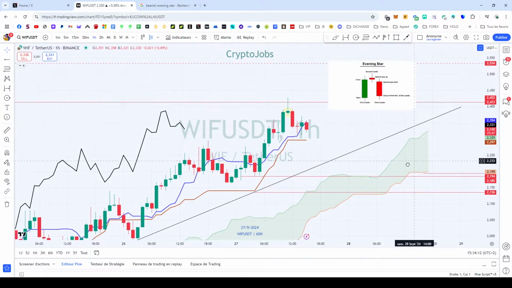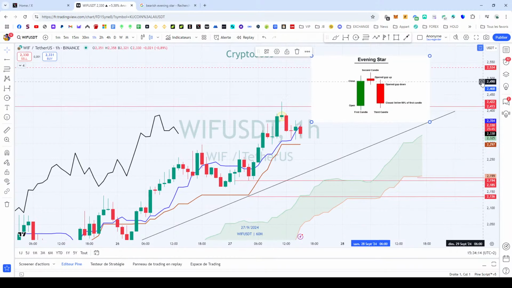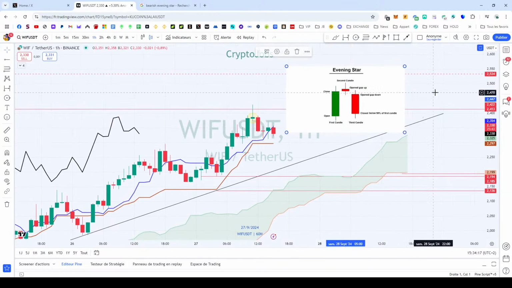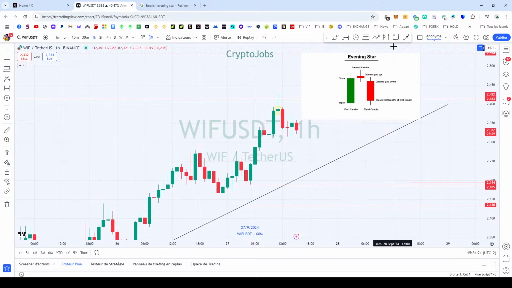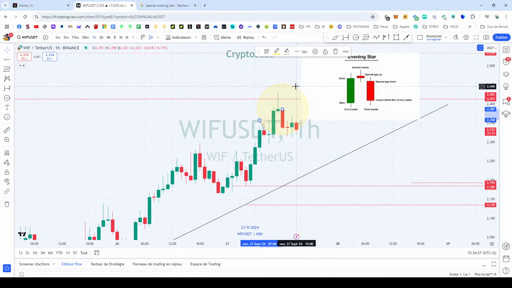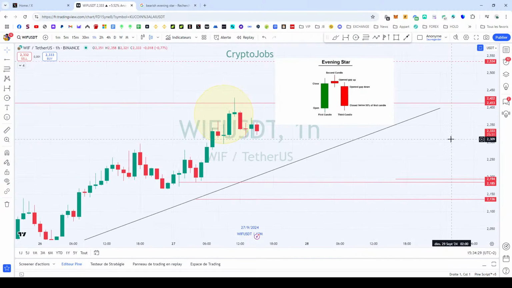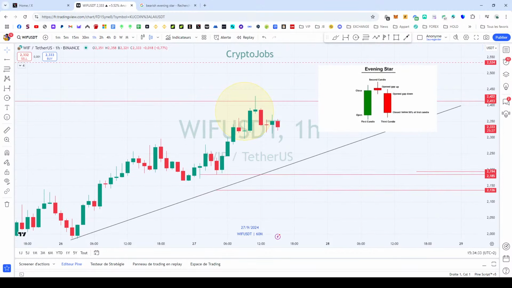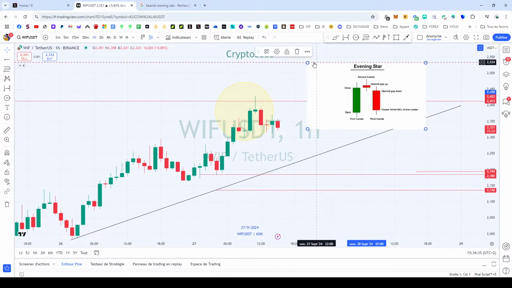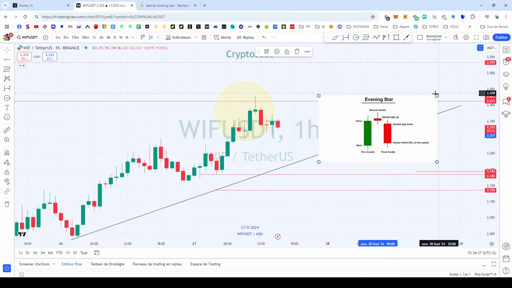As you can see, a perfect example of what I said in the past. If you look at the H1, you have a beautiful evening star candle. I don't know if it's valid here, but it looks similar. It's not my main domain, but I'm trying to learn with you.